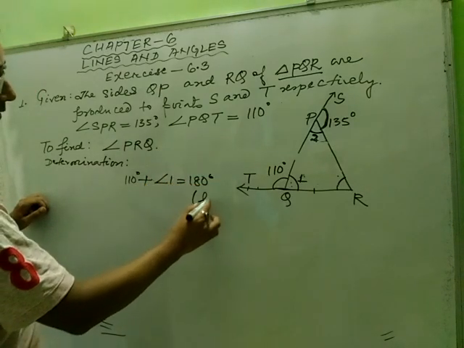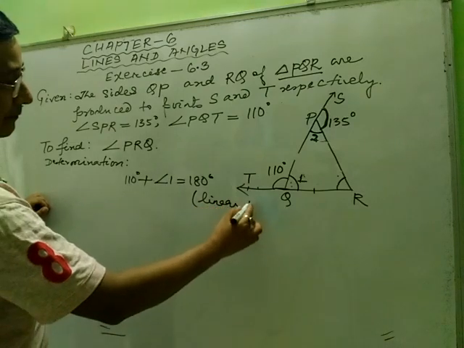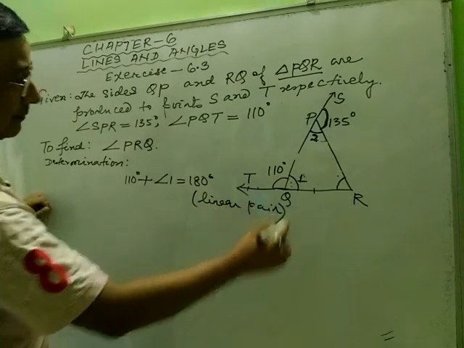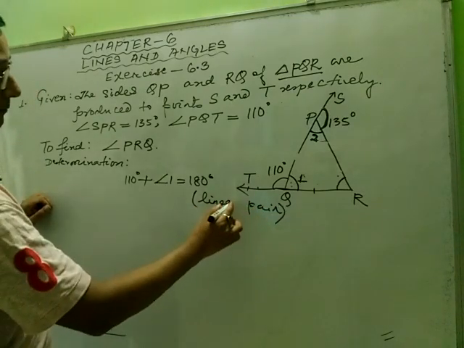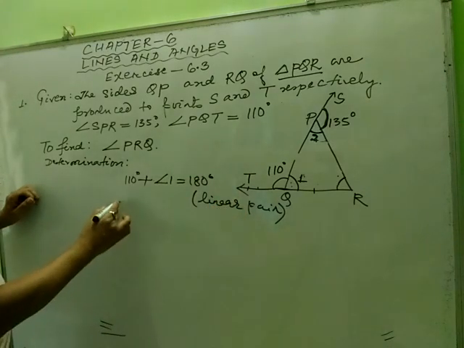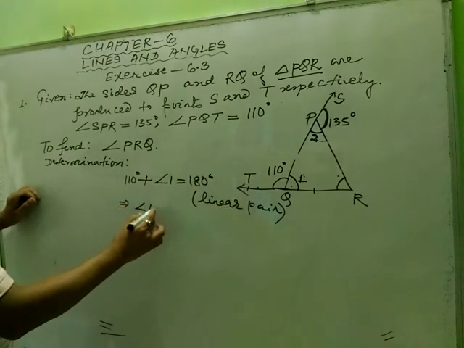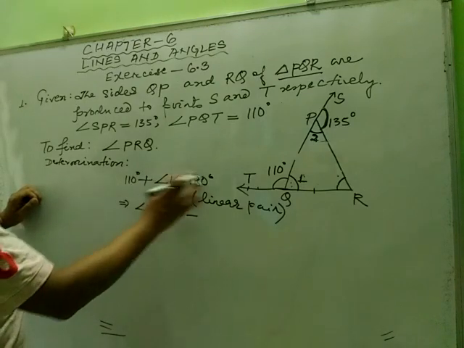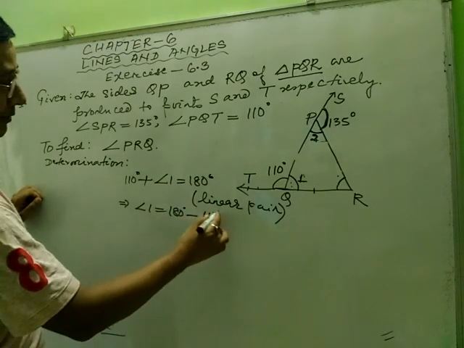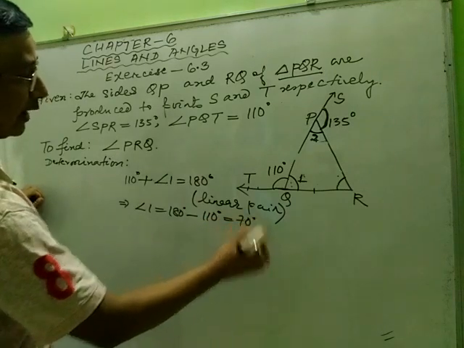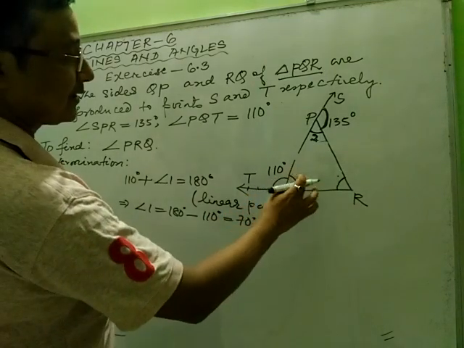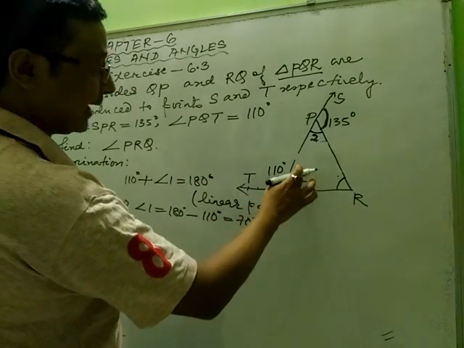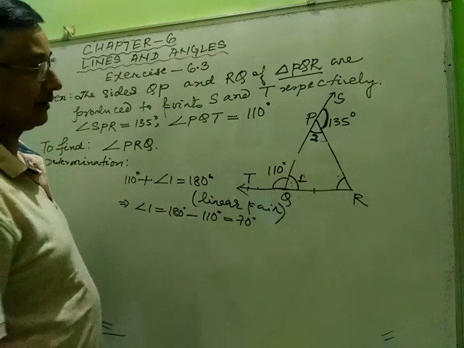The reason is linear pair. Now this gives angle 1 equals 180 minus 110, so you take this one that side, equals 70 degrees. So you got angle 1 as 70 degrees.